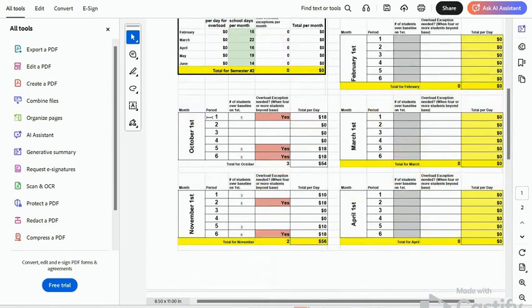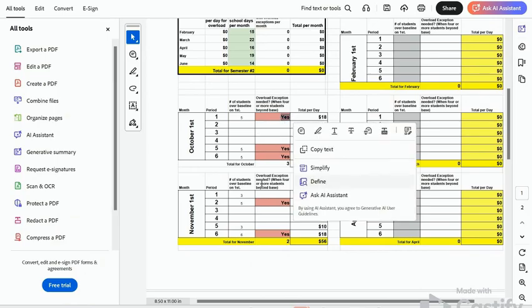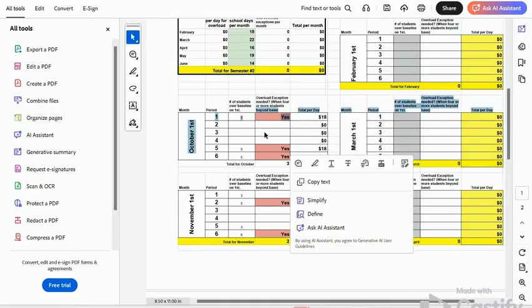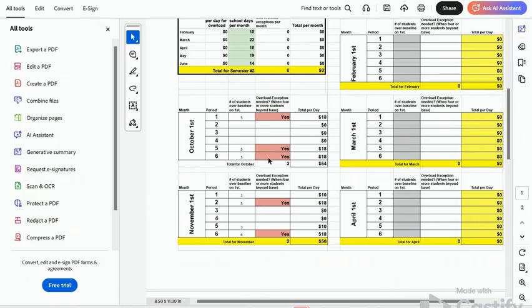October 1st, this person had a first period with 5 students, a fifth period with 5 students, 6th period with 5 students. Because they were 4 or more above, they qualified for an exception for first period during October, 5th period during October, 6th period during October, and in November during 2nd period.